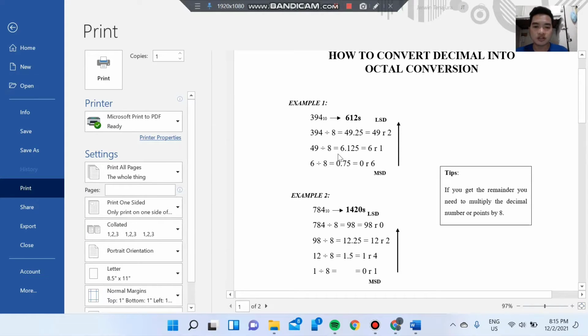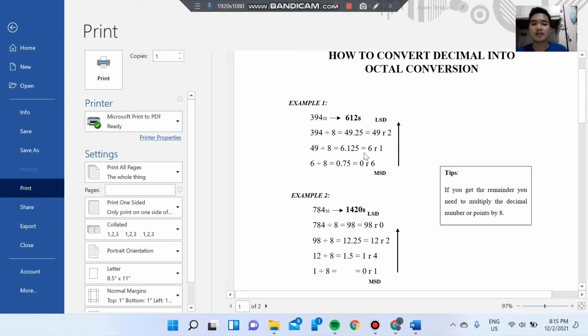So the answer is 6.125. Same procedure. We need to put here the 6 and leave here the 0.125. And we multiply it. So 0.125 times 8, the answer is 1, or the remainder will be number 1.